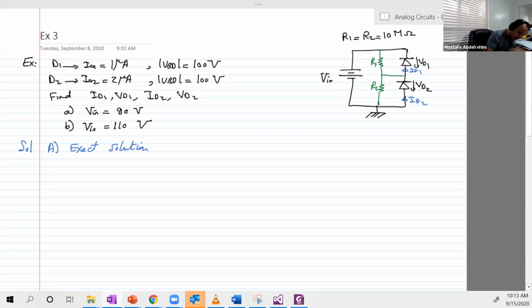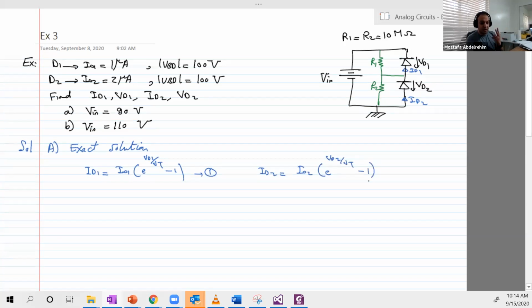So we have basically the equations for the currents and the voltage of the diode. ID1 equals I naught 1 times (e to the VD1 over VT, minus 1). Let's call this number 1. ID2 equals I naught 2 times (e to the VD2 over VT, minus 1).